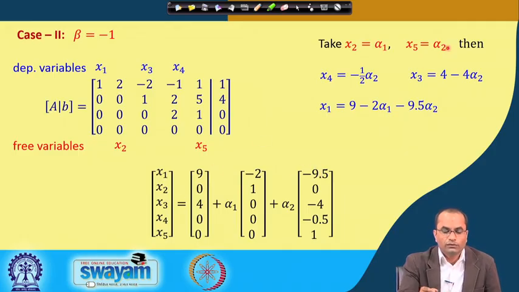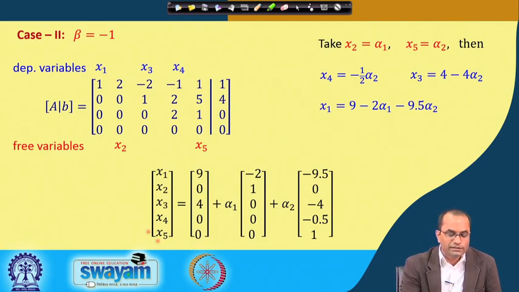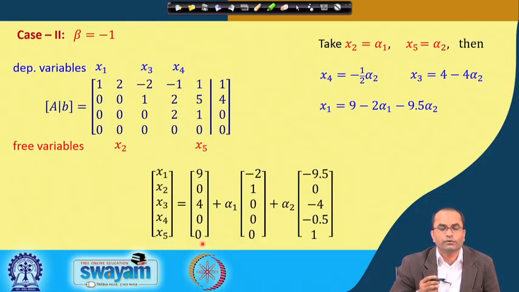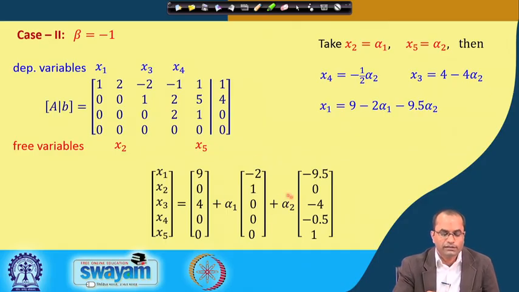So, we can now write down x1, x2, x3, x4 and x5 in this particular form, where we have the first vector free from the free variables, then the vector with alpha 1, the one free variable, and again the vector with the other free variable alpha 2.